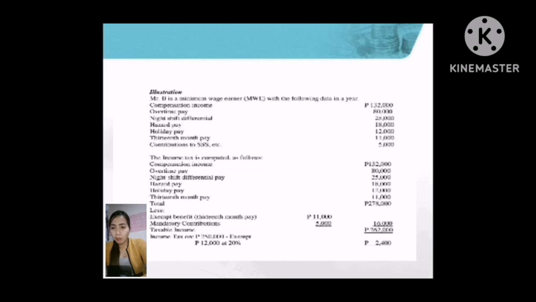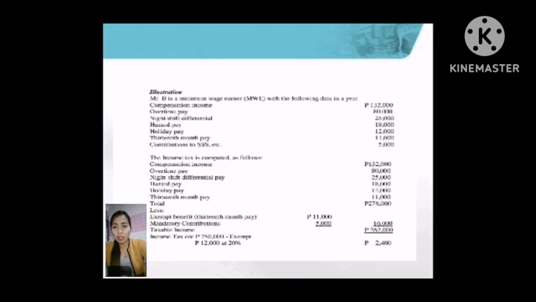Compensation income 132,000, overtime pay 80,000, night shift differential pay he has 25,000, hazard pay he has 18,000, holiday pay 12,000, and 13-month pay of 11,000, and a total of 278,000. So exempt benefit is 13-month pay, so 11,000.